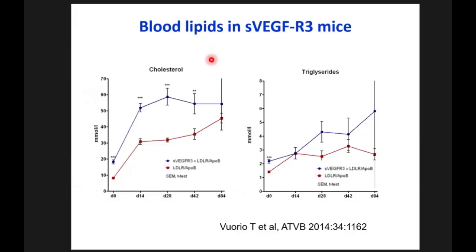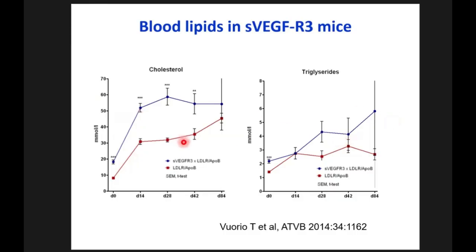And the first surprise to us was that actually blood lipid levels go sky high. This is the soluble receptor 3 mouse, and you can see that even with 2-3 weeks of lipid-rich Western diet, we have something like 50 millimoles of cholesterol, which you can get nowhere near with most other models.